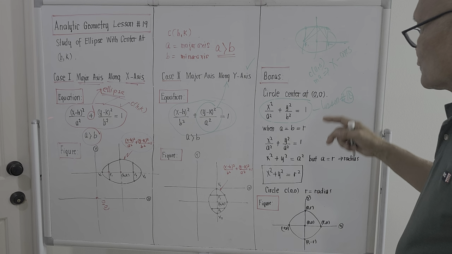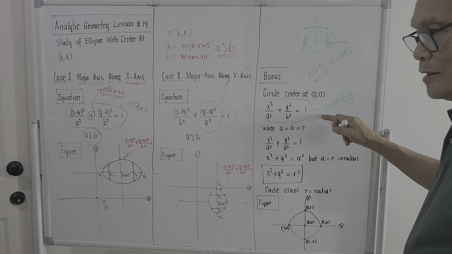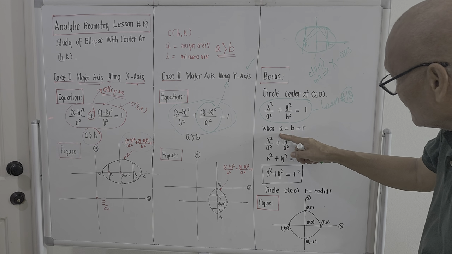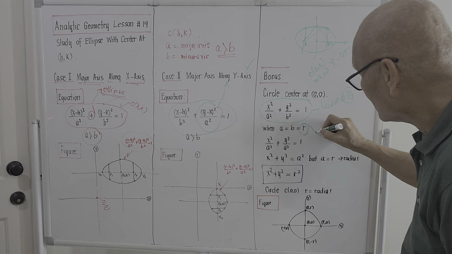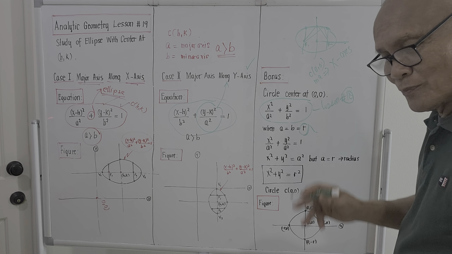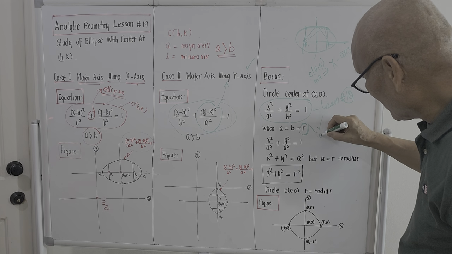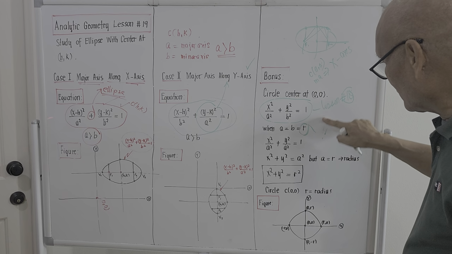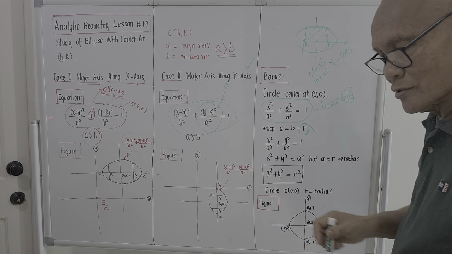So for this equation to fall under the study of a circle, we will let a equal b equal r. r is the radius, because the only measurement for a circle will be the radius, or it could be the diameter. But under the study of analytic geometry, what is involved in the equation is the radius.